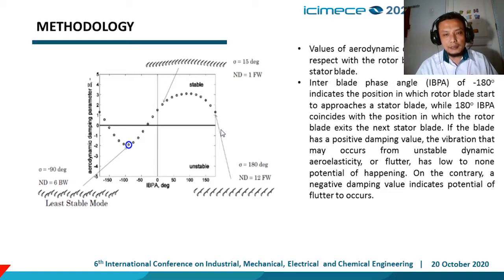If the blade has a positive damping value, the vibration that may occur from unstable dynamic aeroelasticity or flutter has low to none potential of happening. On the contrary, a negative damping value indicates potential of flutter to occur.